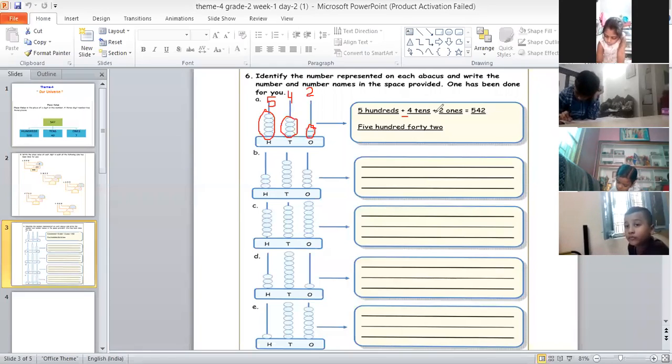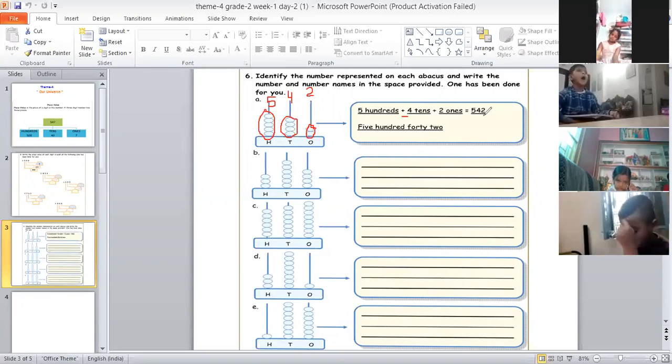Then again I'll put a plus sign and your last digit is 2. We'll write here 2 and after that we'll write ones, O-N-E-S, because 2 is in the ones place, right? And after that we'll put an equal to sign here and we'll write this number 542.